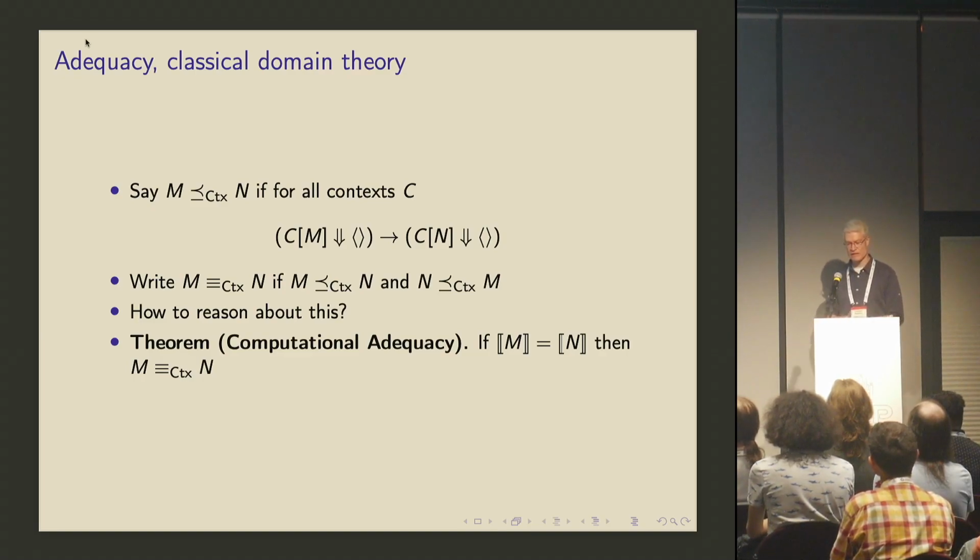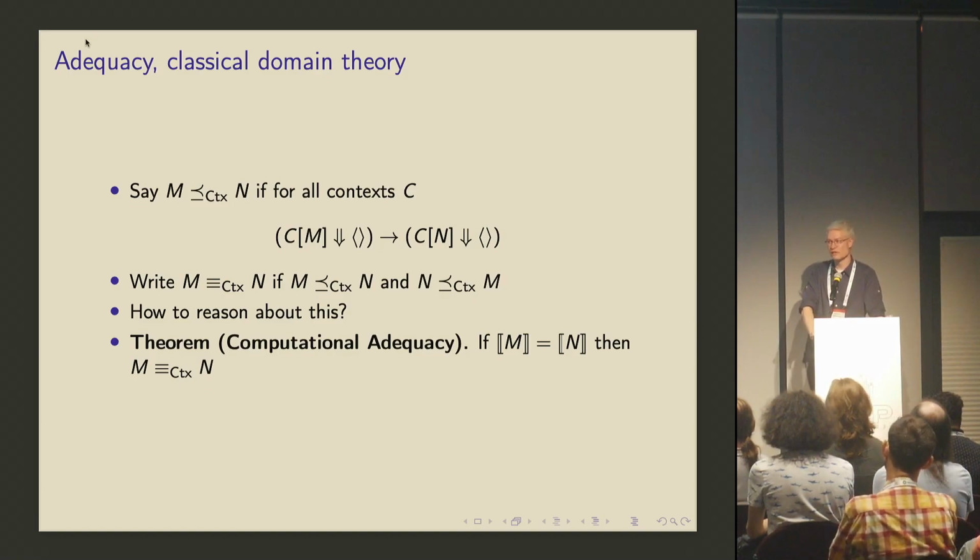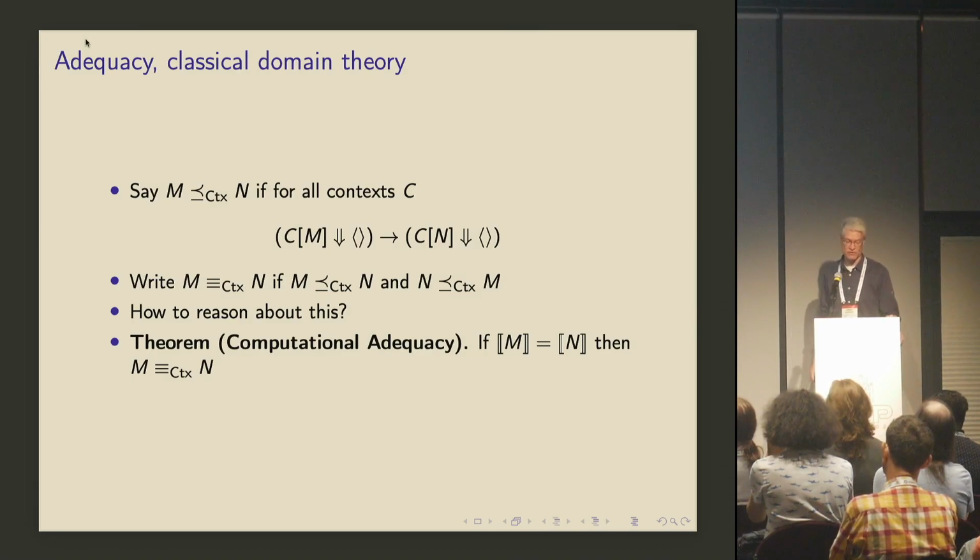Okay, and it's well known that it's hard to reason about this because you need to reason about all contexts. There are various ways of doing it, techniques have been developed, so operational techniques and bisimulation techniques. But one form of proof that I'll be talking about here is using denotational semantics.